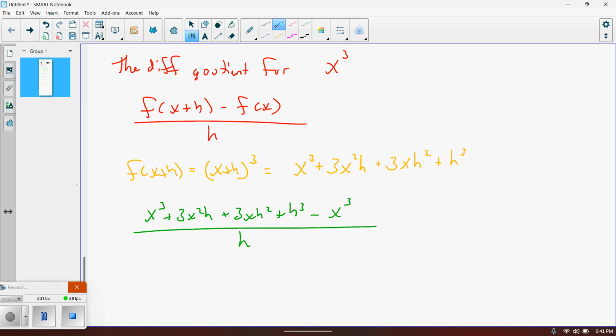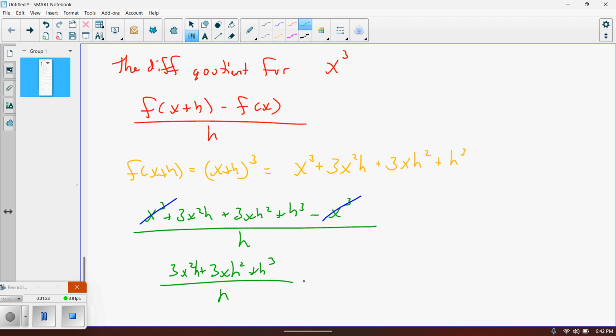And what we should see here is that these x cubes go away because I got an x cubed minus x cubed. So now we are left with 3x squared h plus 3xh squared plus h cubed, all divided by h. Oops, left an h off of there. Otherwise, this wouldn't have worked.